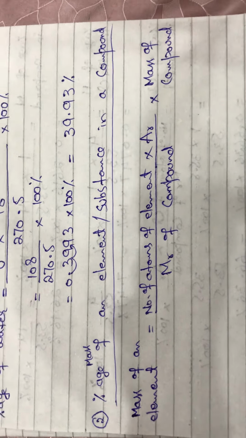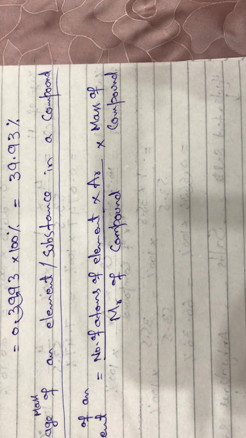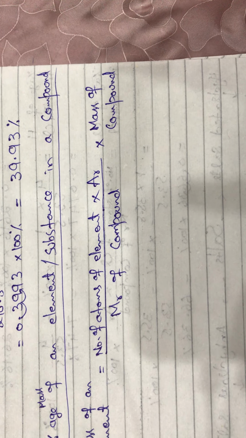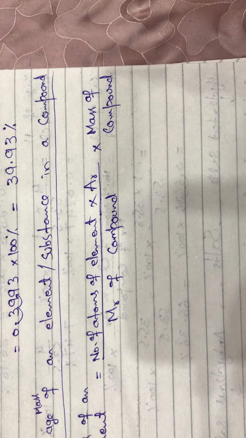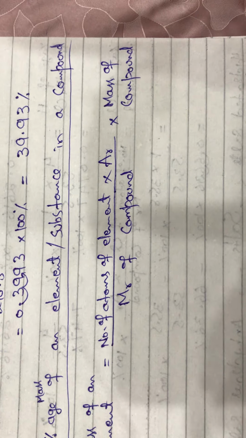The mass of compound or mass of sample that is given to us is also related to this. So in this way we can calculate the mass of an element present in this compound.